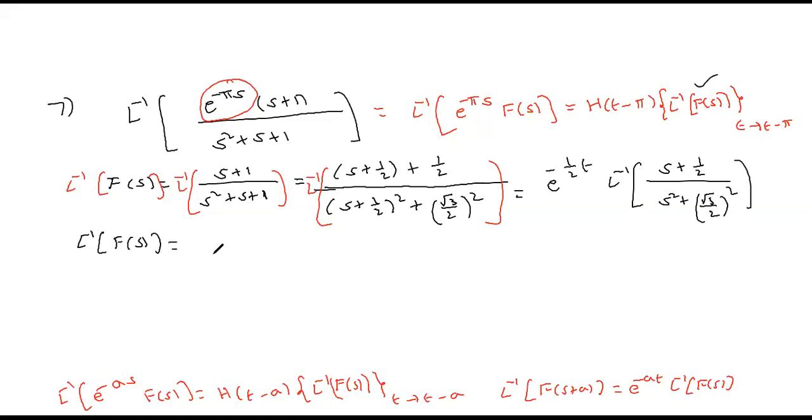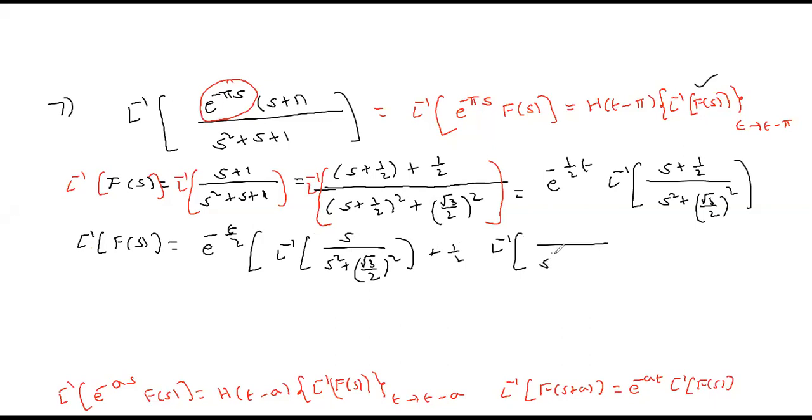After applying linearity, this is e^(-t/2) L inverse of s/(s² + (root 3/2)²) plus 1/2 L inverse of 1/(s² + (root 3/2)²). In the numerator I require root 3/2, so I will multiply and divide by root 3/2. Can you see that? I multiplied and divided by root 3/2.